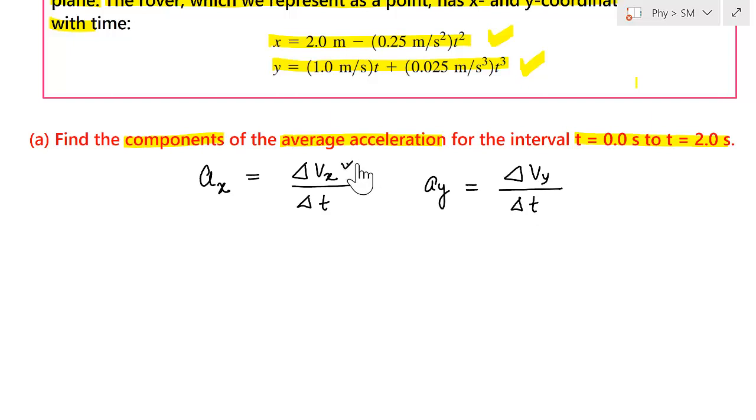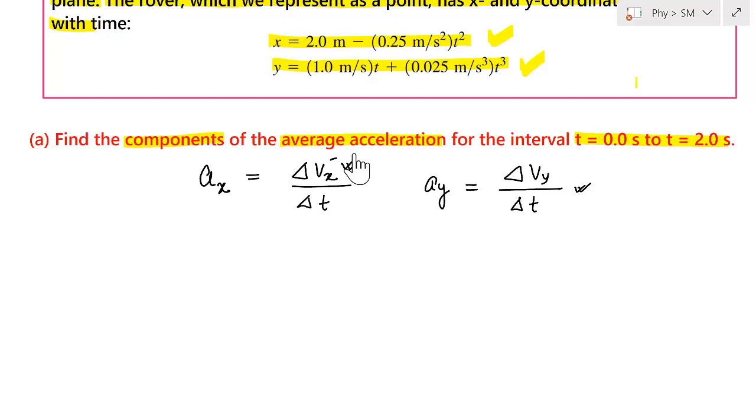So I have to calculate the velocity at t equals 2 seconds and the velocity at t equals 0 seconds, and then I can calculate delta Vx, and if I divide by delta t I get the average acceleration in the X direction, that is the X component of the average acceleration. Similarly, I can calculate the Y component of average acceleration. So this means I have to first calculate velocity.